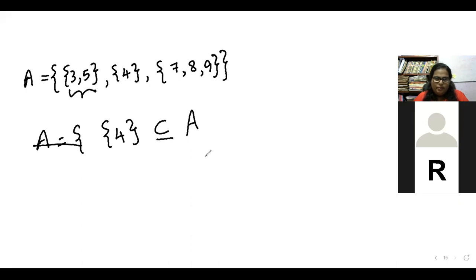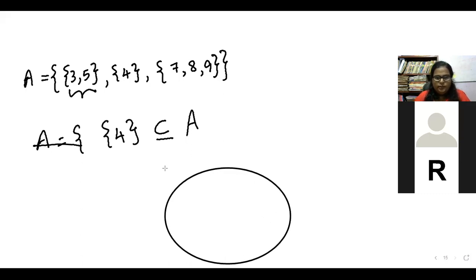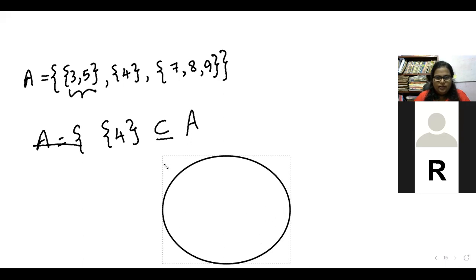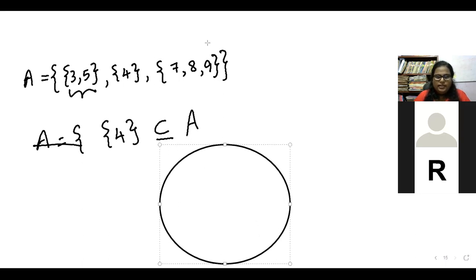That means if we draw this as a big set, we can mark it like this. Think of a Venn diagram. I haven't seen a set shown in this kind of notation, but it doesn't matter. You can write this as set A. So inside this set A we have 3 sets here.